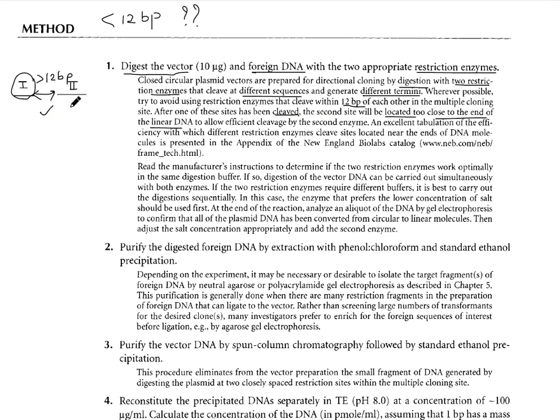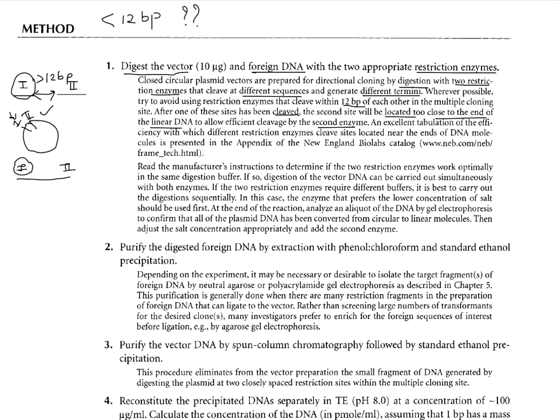So if this is site 1 and this is site 2, once it is digested with the first enzyme, it will be linearized. Okay, now we will digest with the second enzyme.